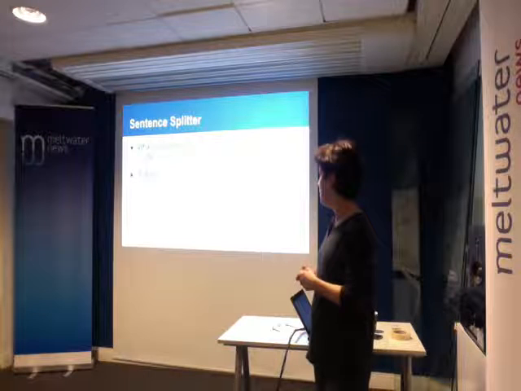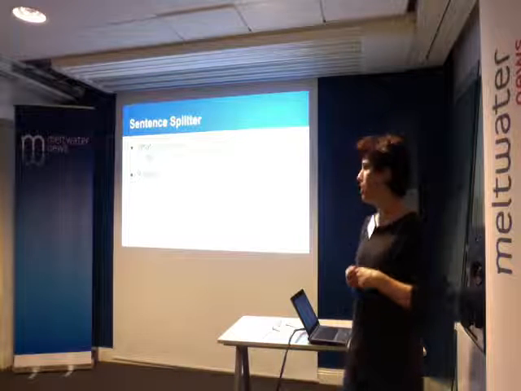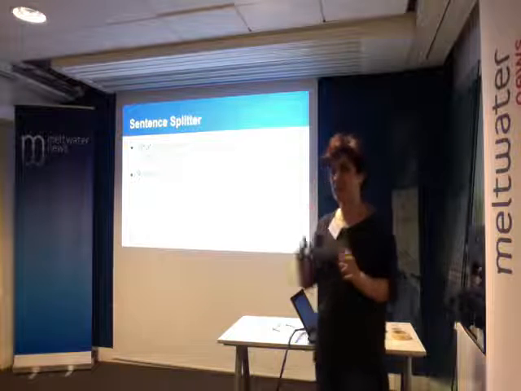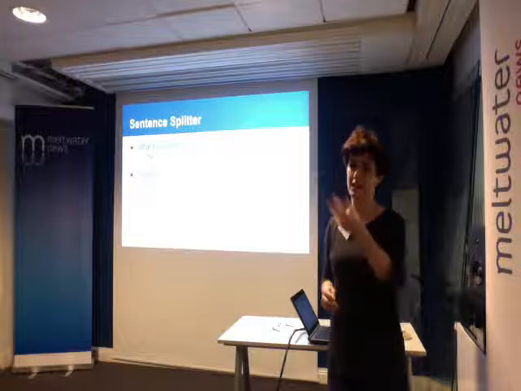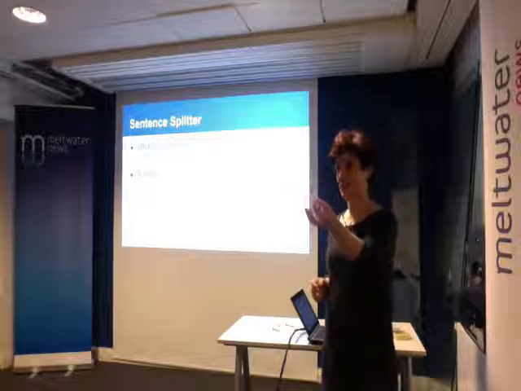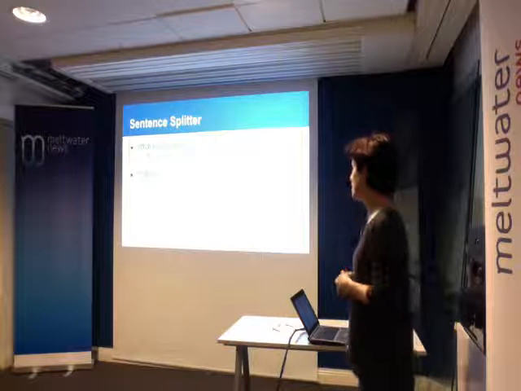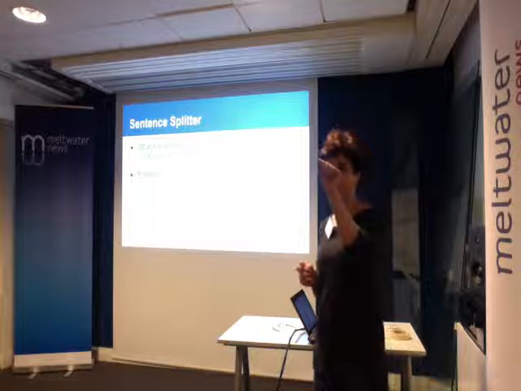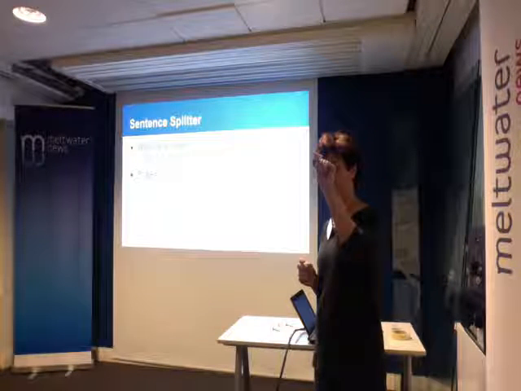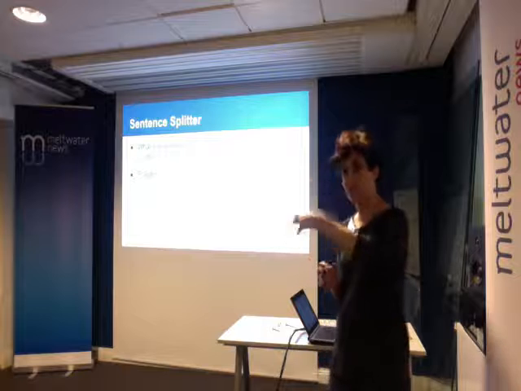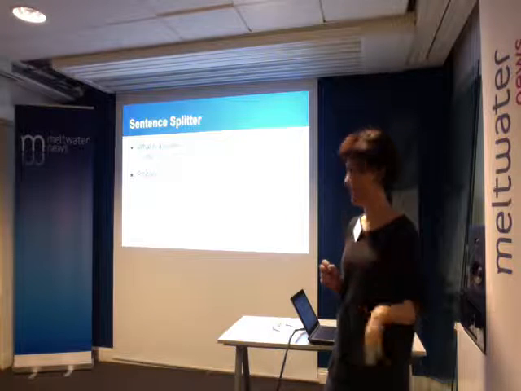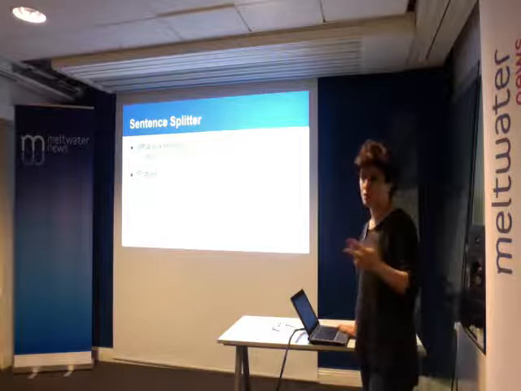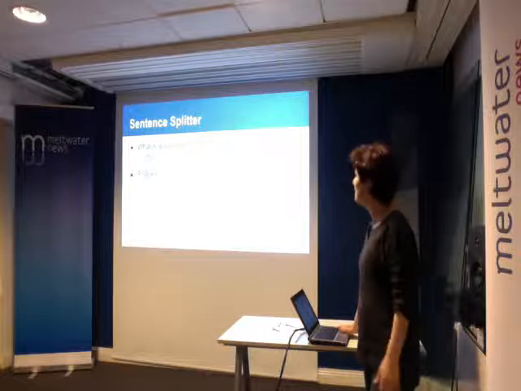But when it comes to social media, for instance, you sometimes have 3 dots and then a continuation of something, and this doesn't necessarily mean the end of a sentence. And as I mentioned, not all periods and dots mean the end of a sentence; it could also be the end of an abbreviation. So it has its own challenges.